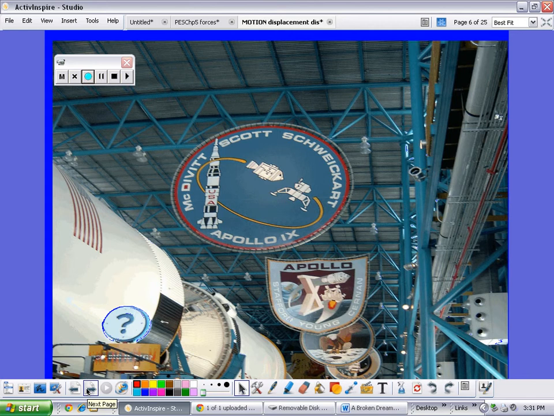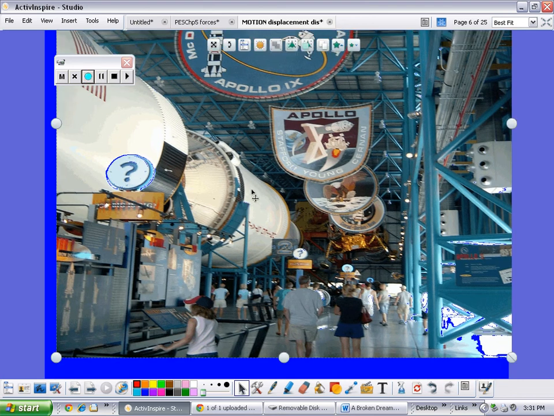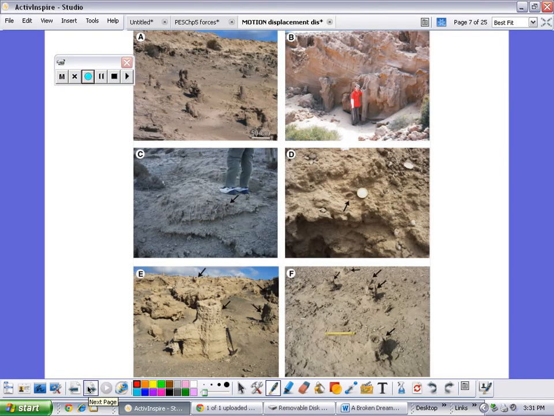Same thing with the emblems hanging from the ceiling. You move the emblems up and see a person to compare it to. A standard size of a person compared to an emblem hanging from a ceiling, it's a big difference. So you need things to compare to know what size they are.